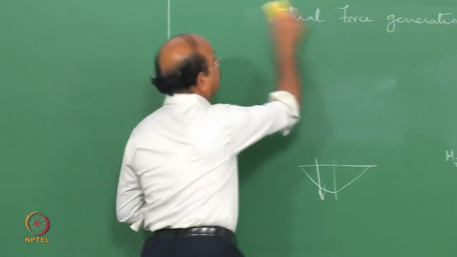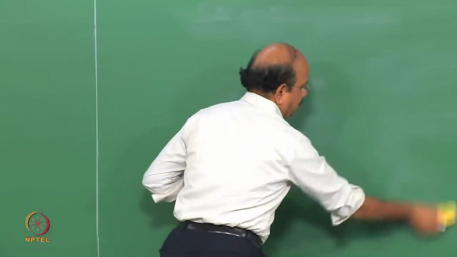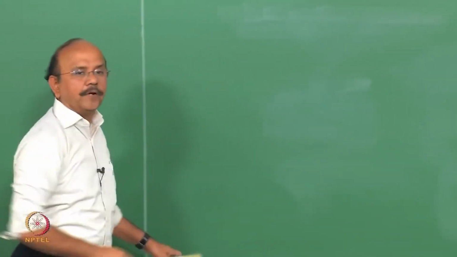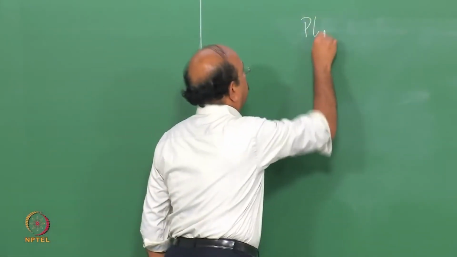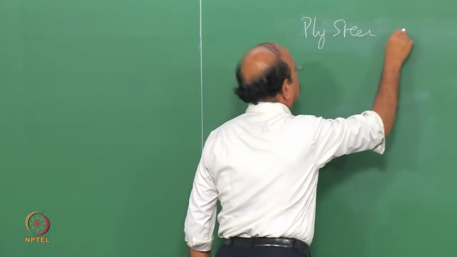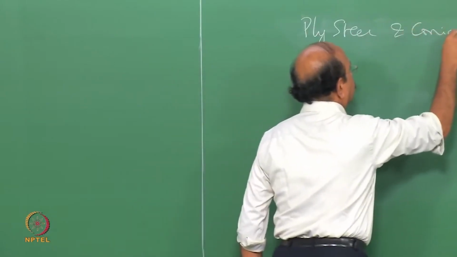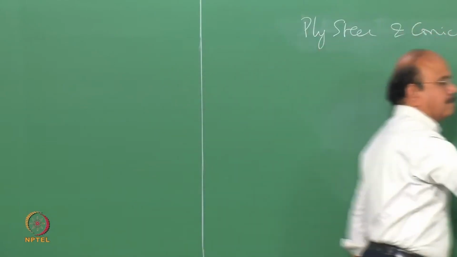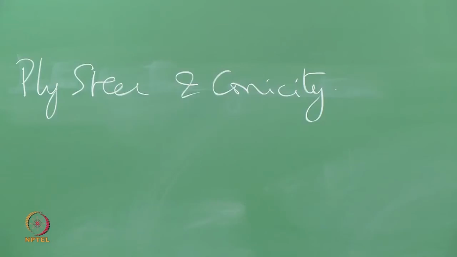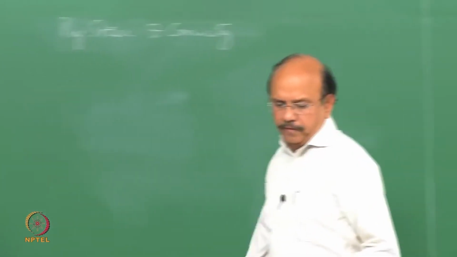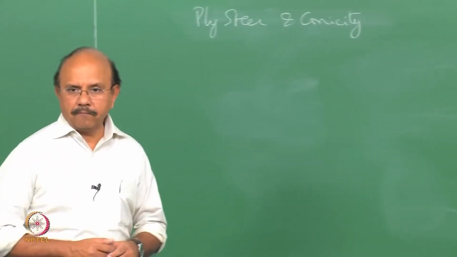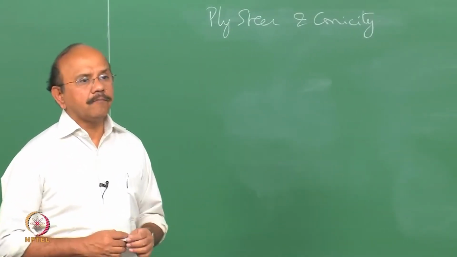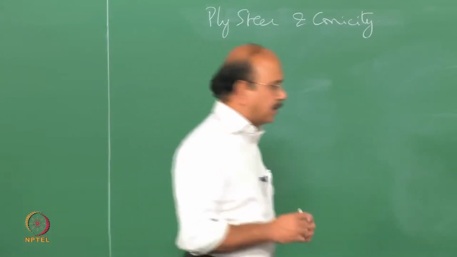That brings us to a very important and interesting topic, which the tire manufacturers call ply-steer and conicity. Ply-steer is something like a steer-like behavior, and conicity is something like a camber-like behavior.